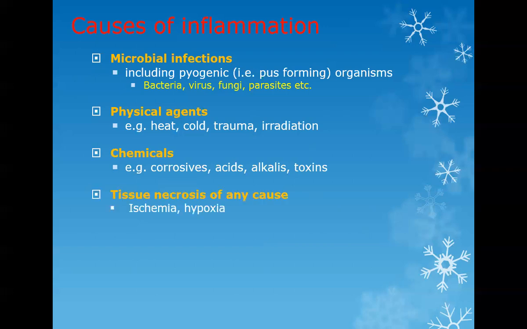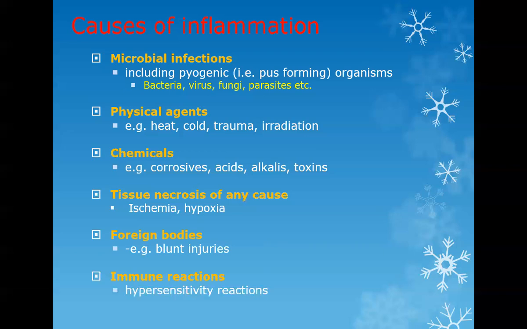Then we have tissue injury like ischemia and hypoxia, when you squeeze a blood vessel or block it, so the tissue after that blood vessel will have an ischemic injury. All the physical agents cause necrosis, etc. And then a foreign body or blunt injury: you can have an injury from a stick, a bullet, a knife, whatever, blunt or sharp injury, or an immune reaction like hypersensitivity reactions. These also cause an inflammatory response. Clear?